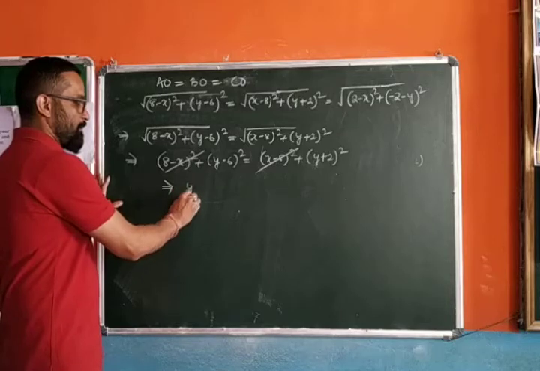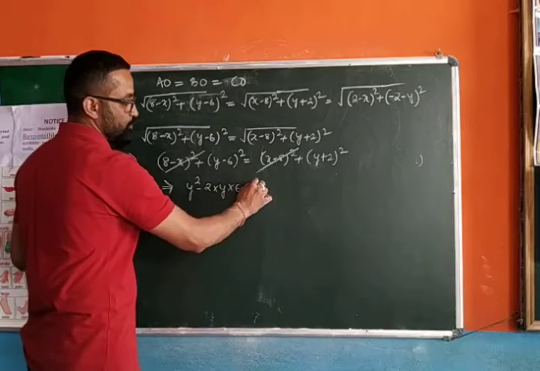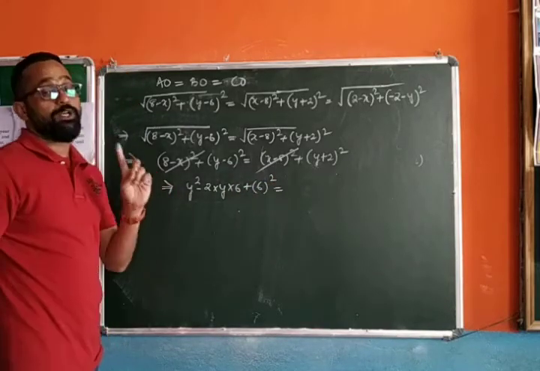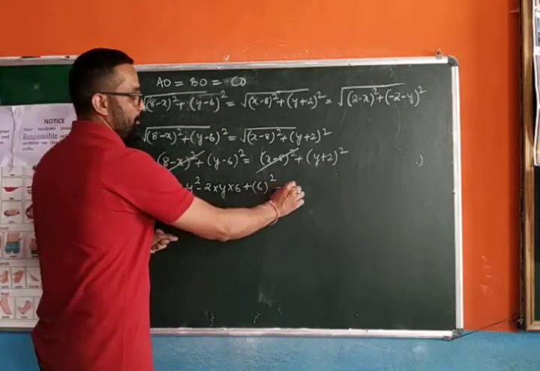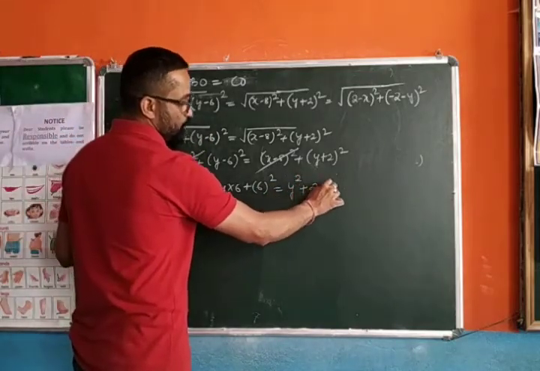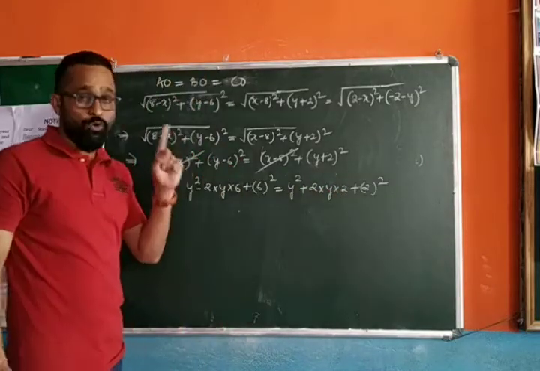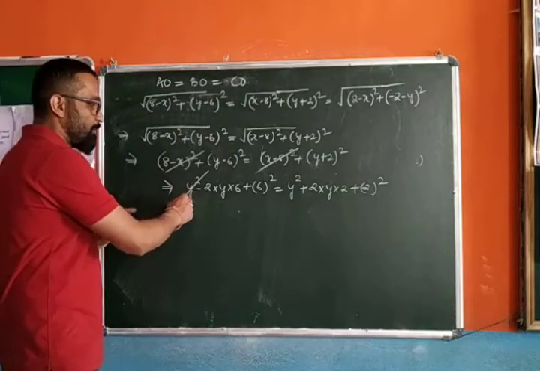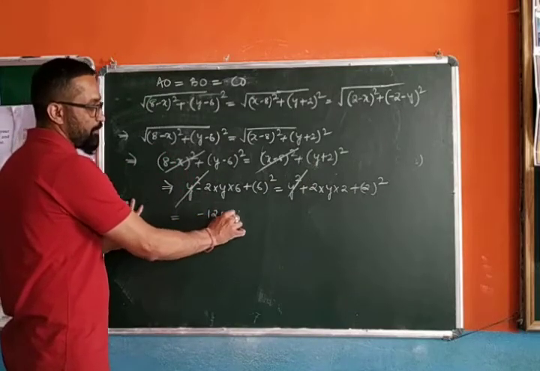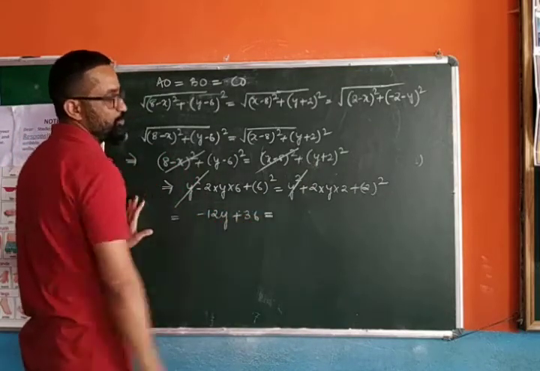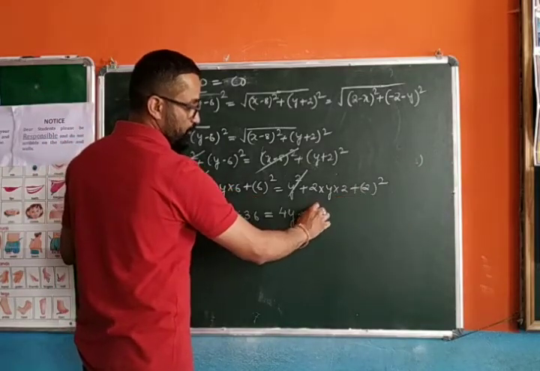Expand it. y squared minus 2 into y into 6 plus 6 whole square, using the (a - b) whole square formula. y squared plus 2 into y into 2 plus 2 whole square, using the (a + b) whole square formula. y squared cancels from both the sides. You get -12y plus 36 equals 4y plus 4.